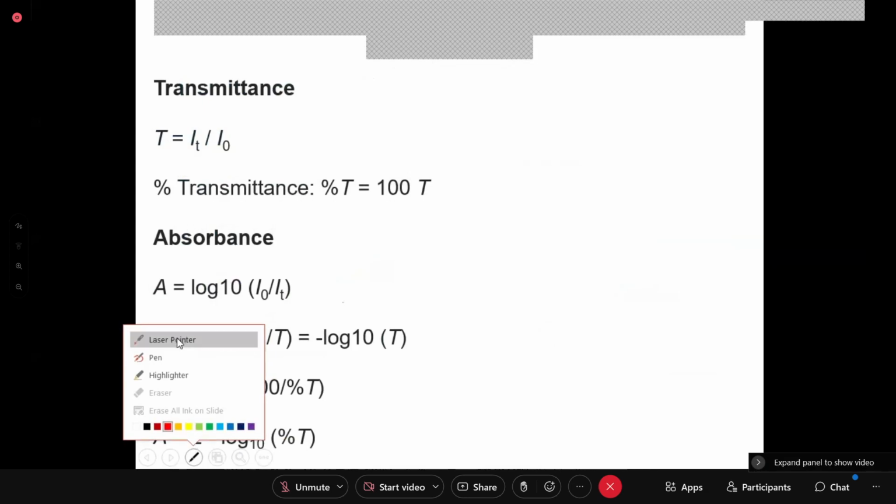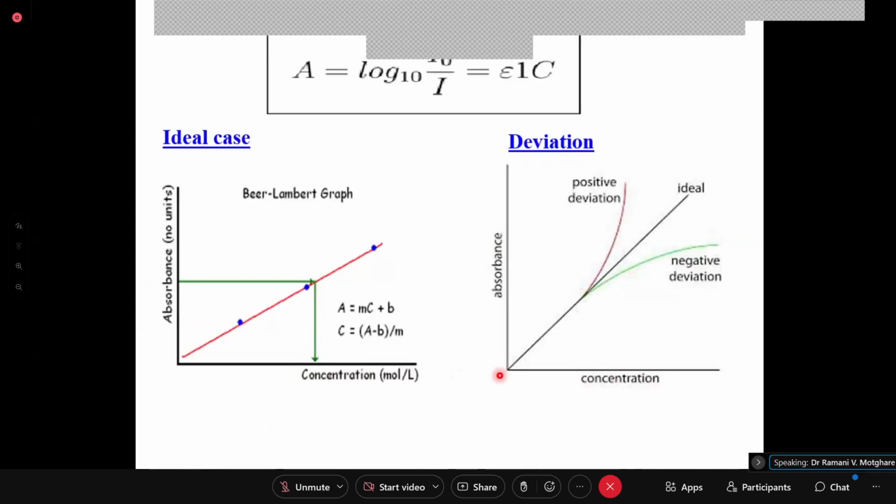What you determine from the instrument, you can calculate absorbance also using this formula.